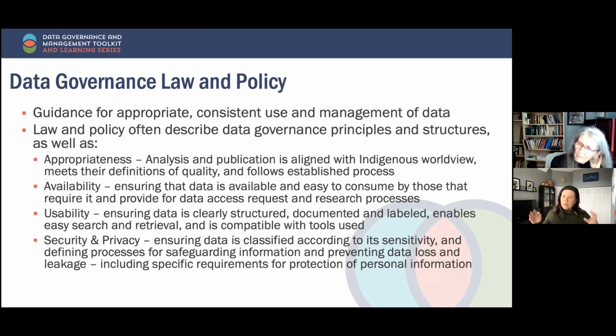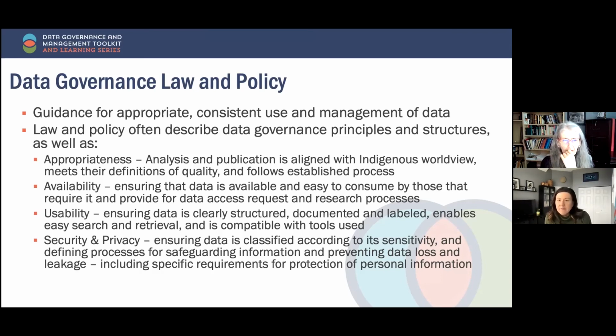Typically a policy or a law will say something as simple as that: we will have consistent ways of managing our data, and it'll be structured a certain way. And then more detailed procedures at the desk might outline exactly what those look like, what the specific data fields are, what have you.